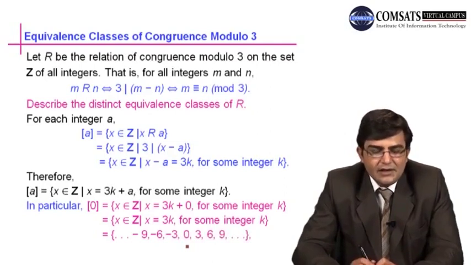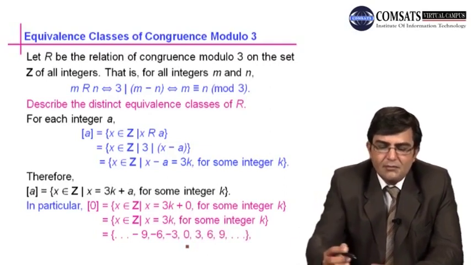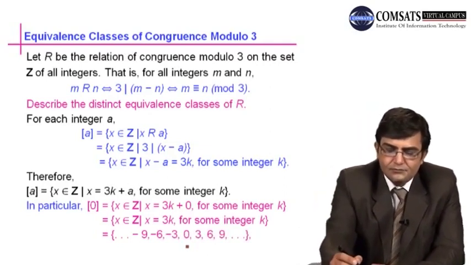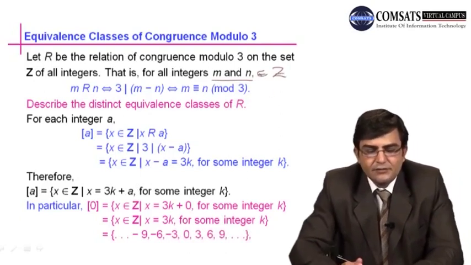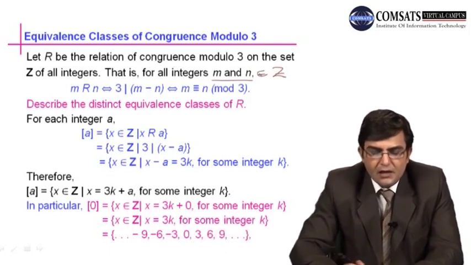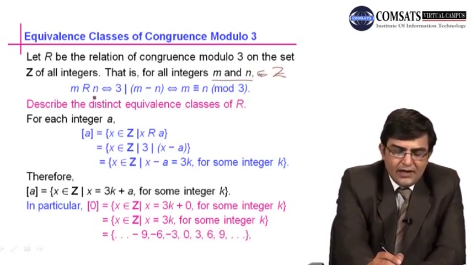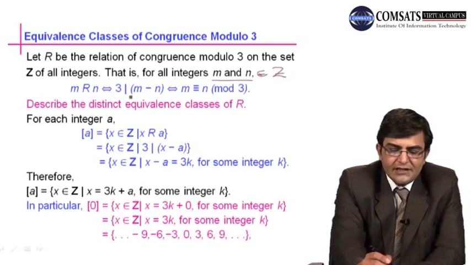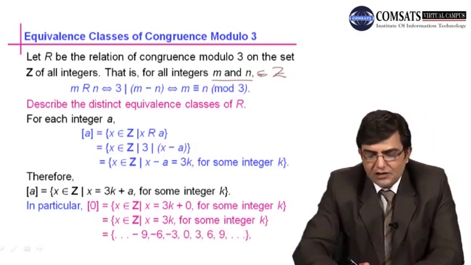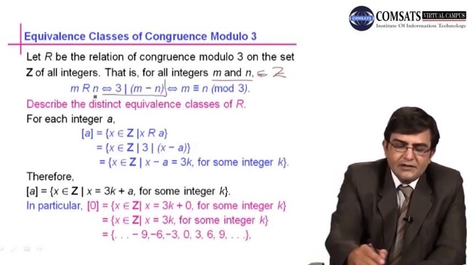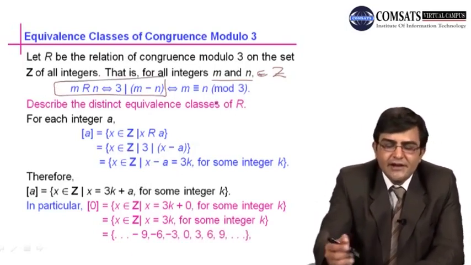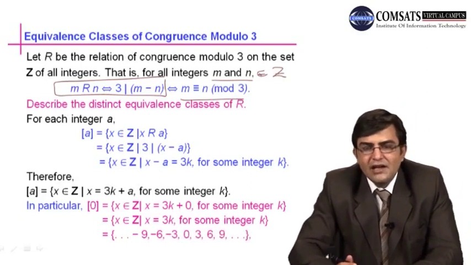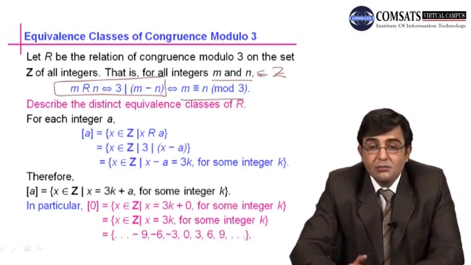Under this relation, any two elements m and n of Z, the set of integers, m is related to n if and only if 3 divides m minus n. So this is basically the relation of congruence modulo 3. Then we write m is congruent to n mod 3, or n modulo 3.